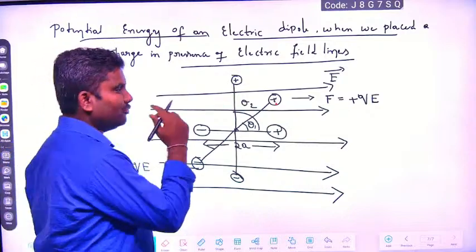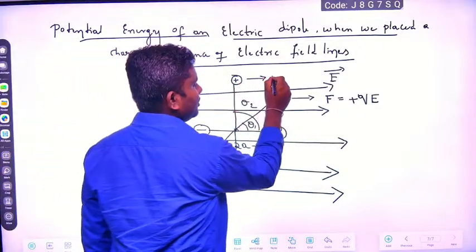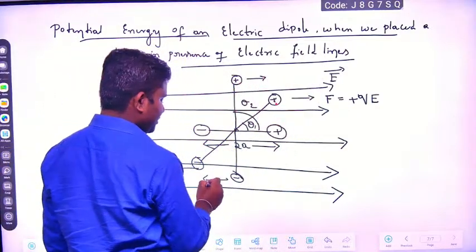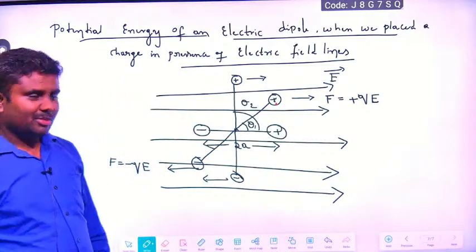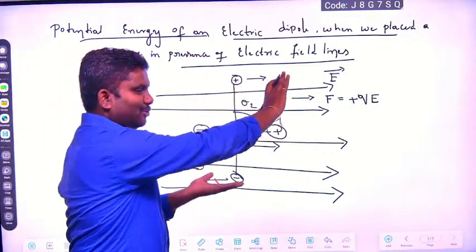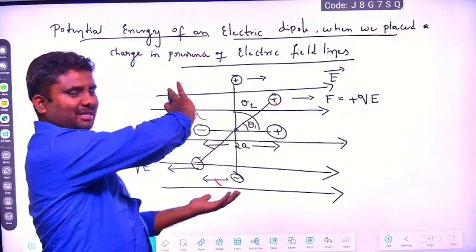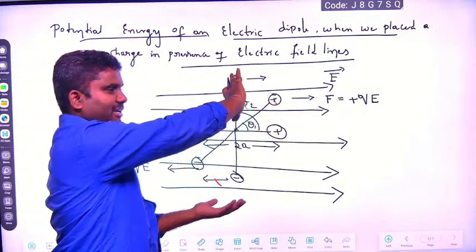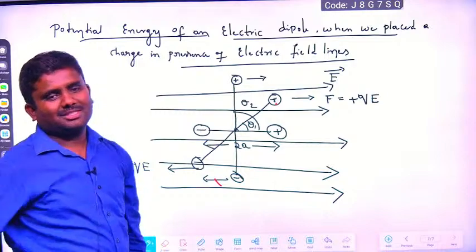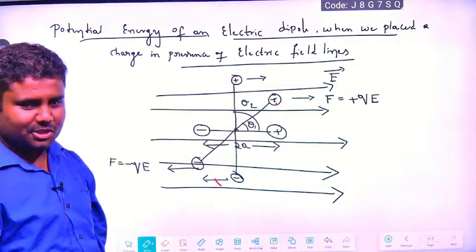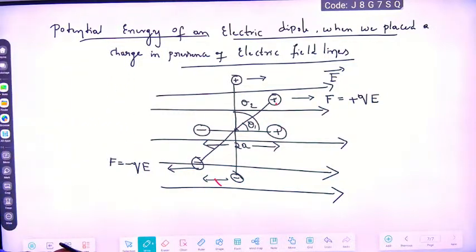Now the force is on this side and this on this side. What will it do? It will tilt to clockwise. I tilted in anti-clockwise, but after the application of the electric field, it will tilt to clockwise. Understood?